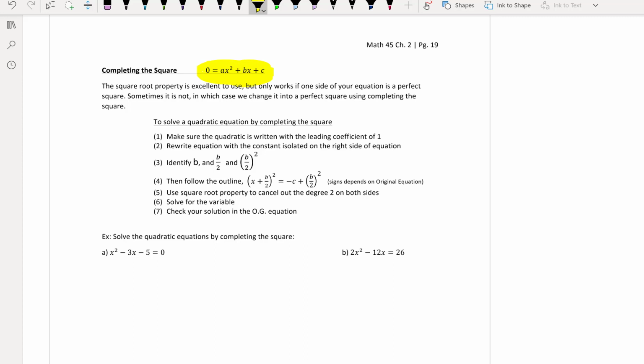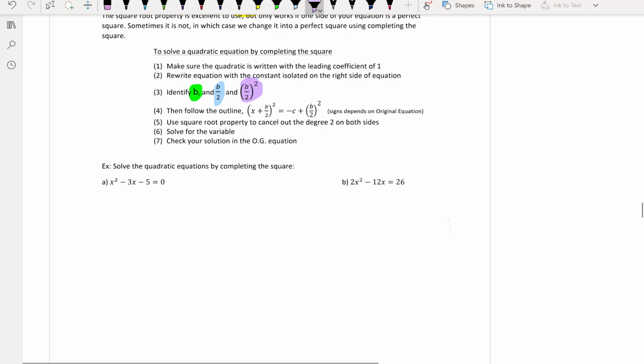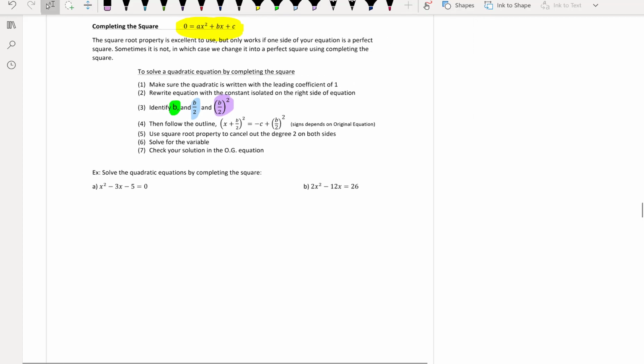Then we identify our b value, our b divided by 2 value, and of course our b divided by 2 squared value. So really, it comes to what's b, divide it by 2, and then square it, and then it fits nicely into the formula that we have in step 4. So let's put that into play.